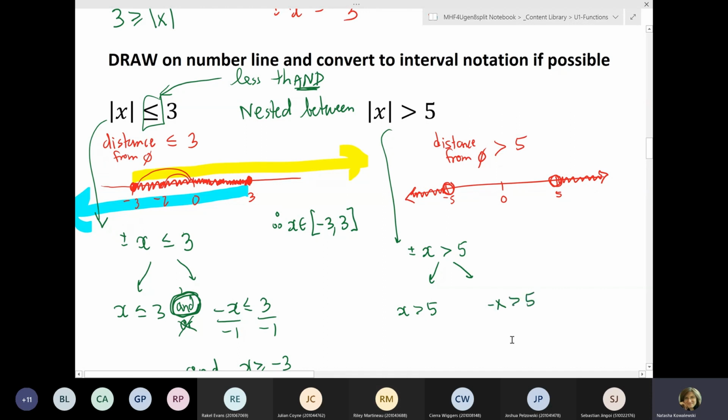And now we have to decide what word do I stick inside here. Is it an and or an or? Do not leave it empty because it actually makes a difference. So if it was x greater than 5 and negative x greater than 5, we have to use the word or. Otherwise, it's not going to match this picture that we did here. So because you have the variable first and you see a greater than symbol, the way to remember it is to think gray.